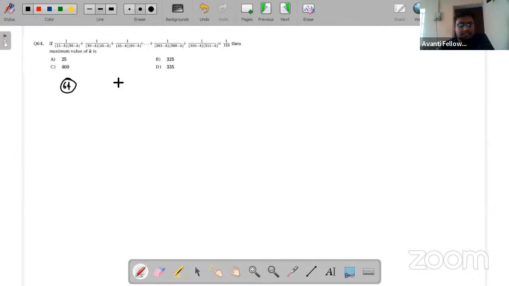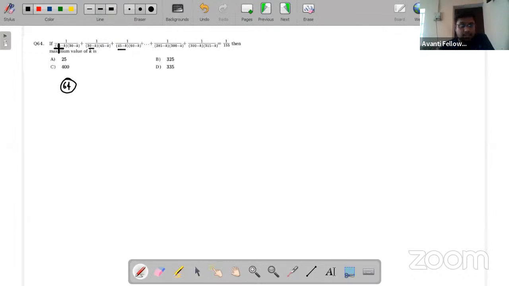So actually it is given summation of... not like that summation. If you see in the first term, in the denominator, that is 15 minus k. Okay, and the second term is 30 minus k. Here I am talking about the first number in the denominator of each term. So here it is 45 minus k.